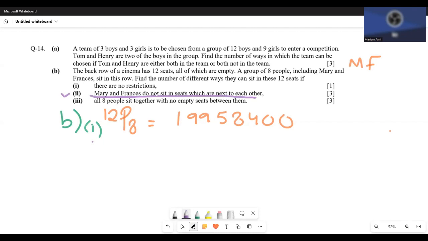So one way of doing this is that you have the total arrangements already from part 1, and from here we subtract all the arrangements where Mary and Frances sit together.